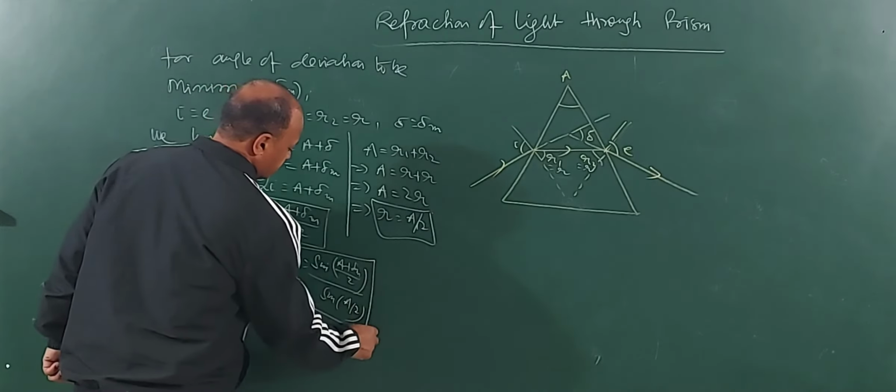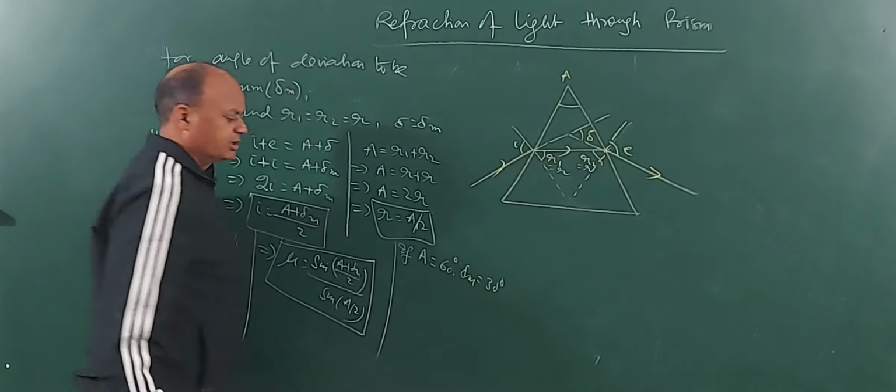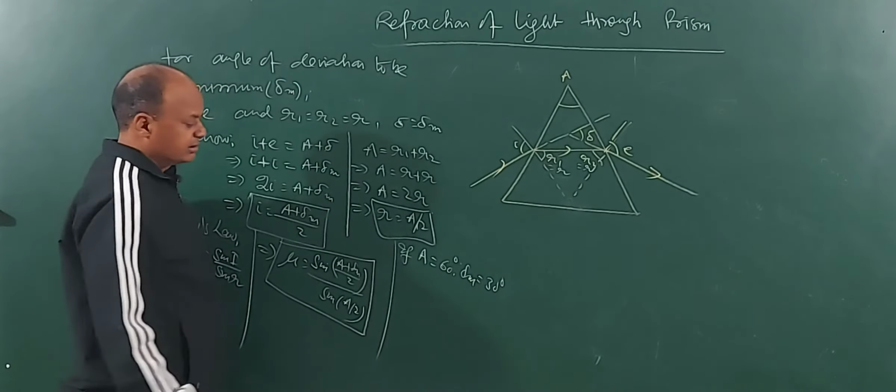For example, suppose angle A is equal to 60 degrees and the angle of minimum deviation is 30 degrees, find the refractive index, find mu. So this becomes very easy. You can use this formula directly.